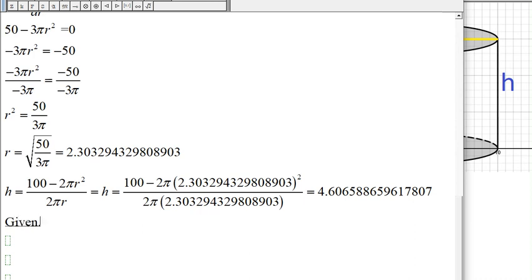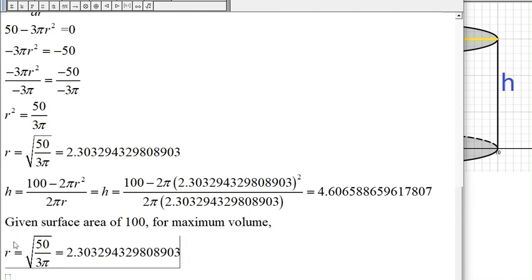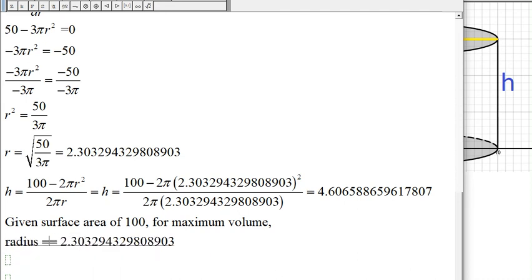In summary, given a surface area of 100 for maximum volume, the radius should be this, and the height should be this.